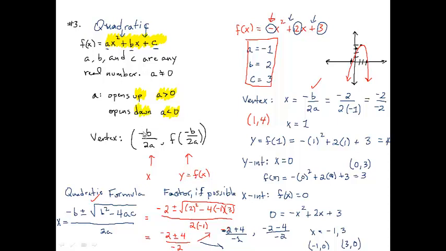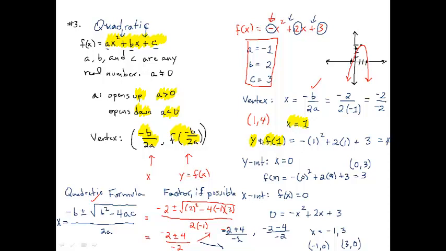The x coordinate can be found at negative b divided by 2a. Once you find the x, you plug it back into your function to find the y, as we did here. I found the x, so x was equal to 1, and then I plugged it right back into the function to find y. Your x-intercept and your y-intercept do not change.